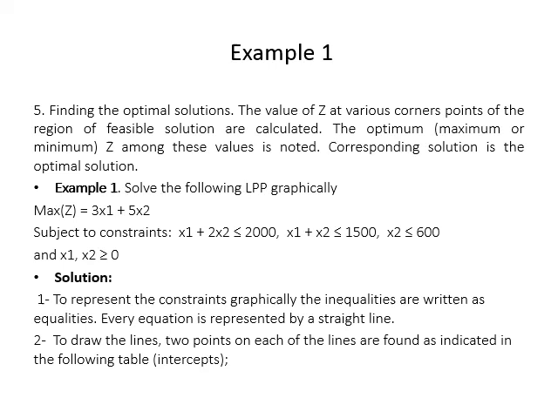About profit maximization, since it indicates max z. There are two decision variables, x1 and x2. 3 is the profit of one unit of x1, while 5 is the profit of one unit of x2.